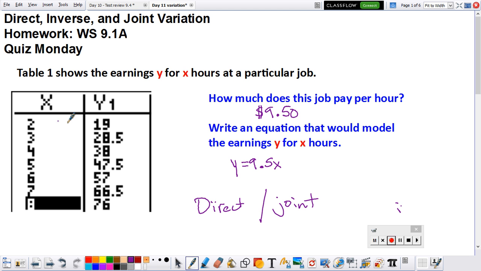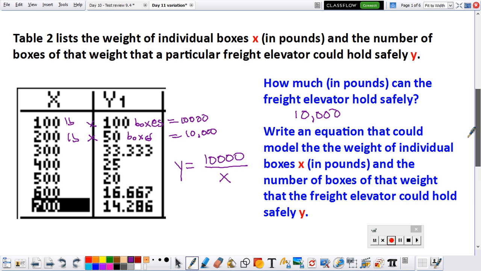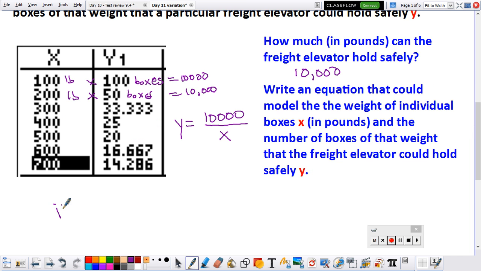X directly affects Y. The more hours you work, the more money you make. Now, our elevator situation is an example of inverse variation, because the heavier the boxes, the fewer boxes you can hold. As this variable went up, this variable went down.